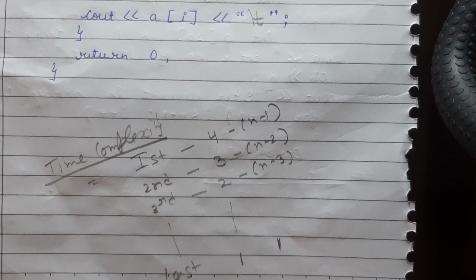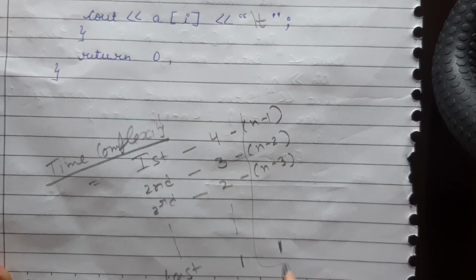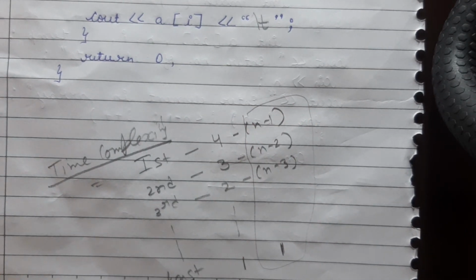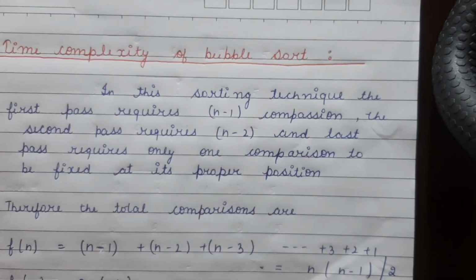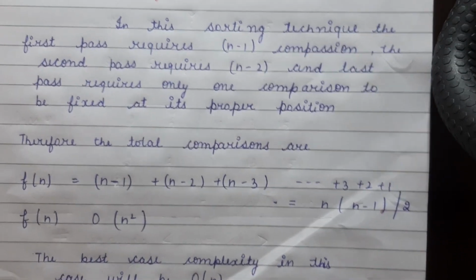Now for finding the complexity, we will add all these comparisons. Now I explain what is the time complexity for the bubble sort.